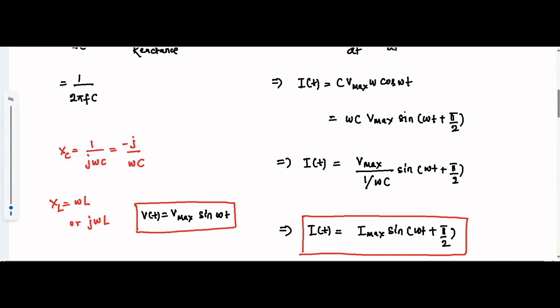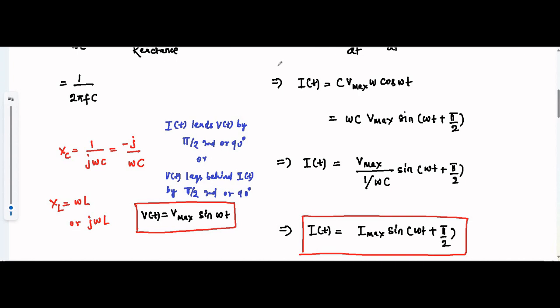So here current leads the voltage by pi by 2 radian or 90 degree, or we can say voltage lags behind current by pi by 2 radian or 90 degree. So either way it is the same thing.